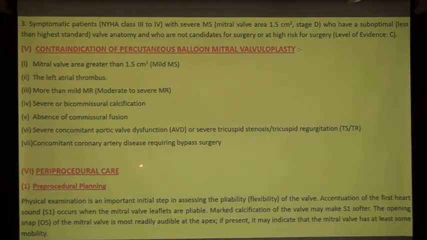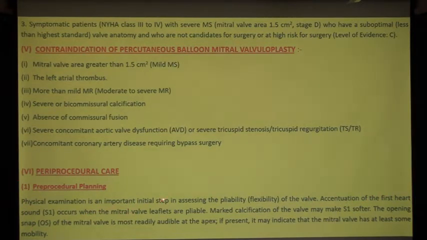Then what is the periprocedural care? First we will do the periprocedural planning. Regarding planning, physical examination is an important initial step in assessing the pliability, flexibility of the valve. Accentuation of first heart sound S1 occurs when the mitral valve leaflets are pliable, meaning flexible.